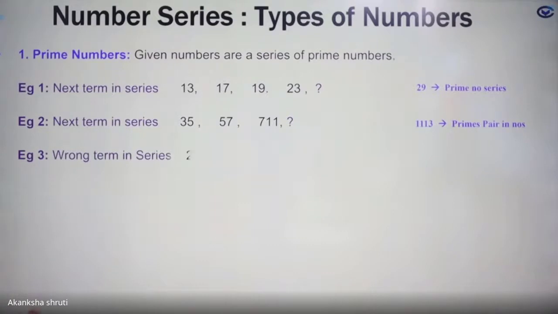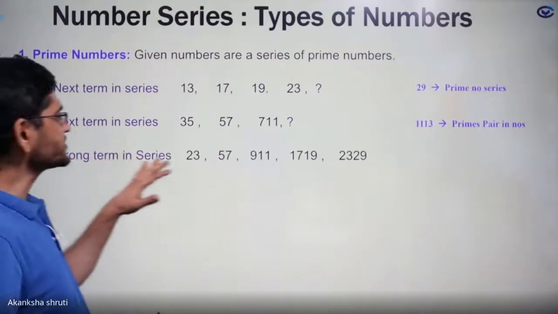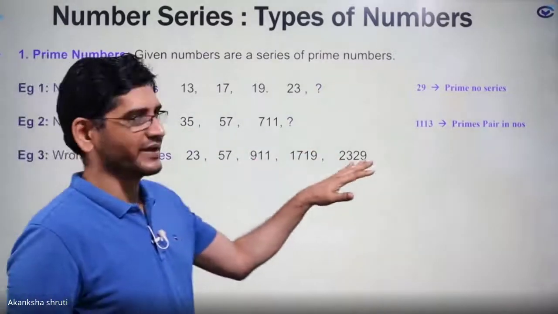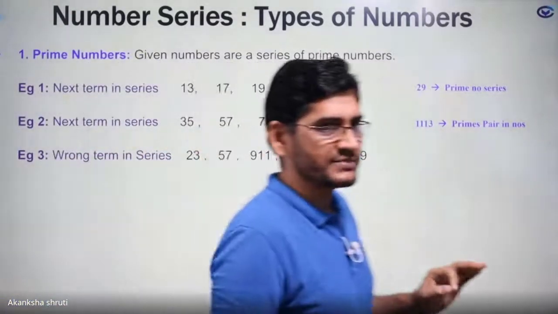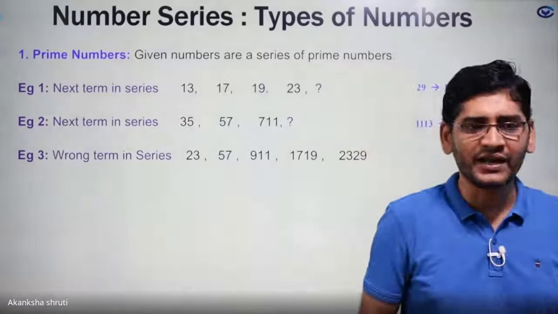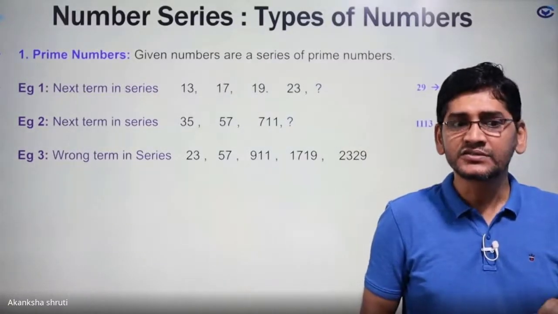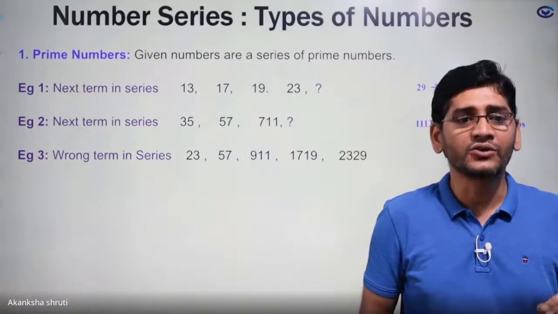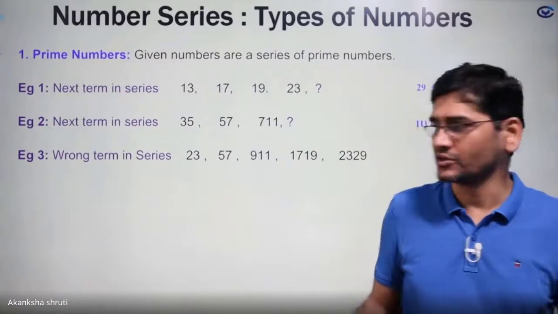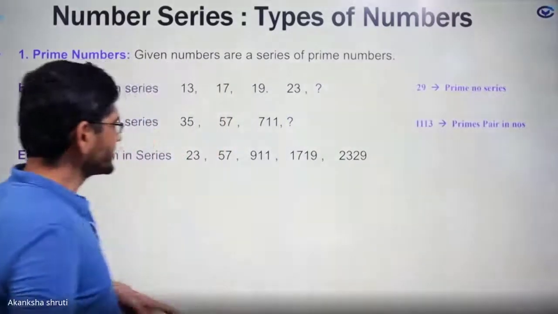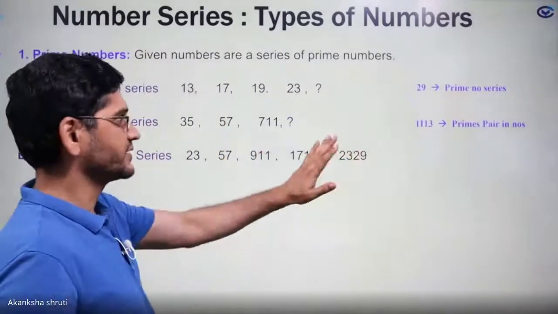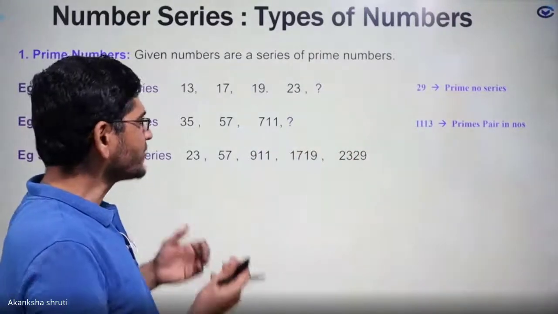Let us take the other number. Students, here we have to search the wrong term in this. Now, the same series rule will be applicable, but some of them are not following that rule. Here the numbers are randomly varying. That is one thing. So we have to watch it carefully.